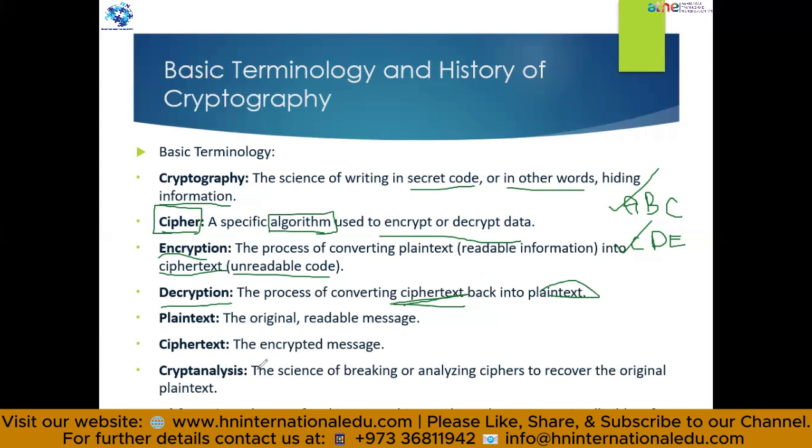Cryptanalysis means the science of breaking and analyzing the ciphers to recover the original plain text. And maybe you can say cryptanalysis is about the study of different algorithms, different techniques, different ciphers we are going to use to encrypt and decrypt our data.